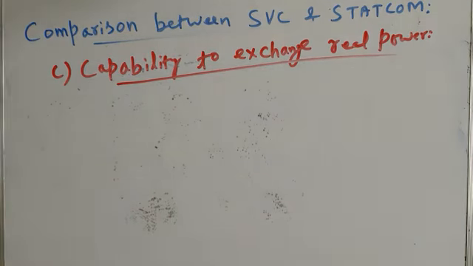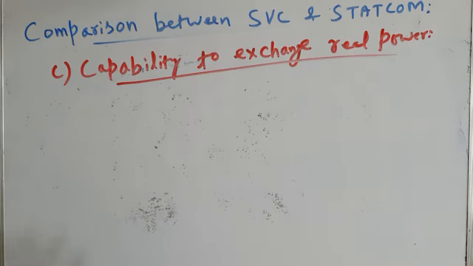If proper energy storage is provided at the DC bus of a STATCOM, it can provide real power also. I told you that a STATCOM exchanges reactive power with the bus to which it is connected by voltage control, by modulation index control of the STATCOM inverter.